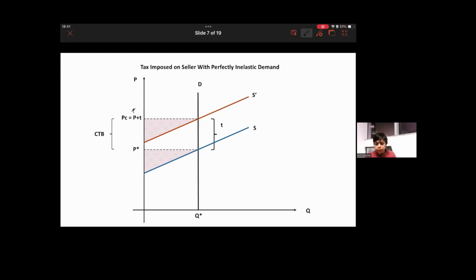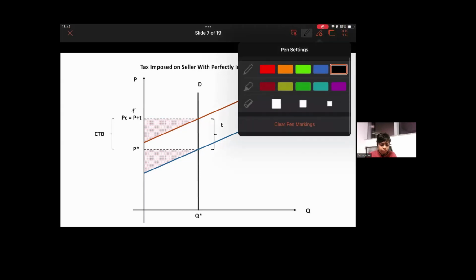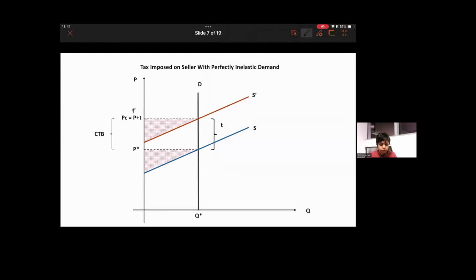I made this in a hurry. Just ignore this part. This is not the consumer, oh sorry, tax burden. Forget about the tax burden for now. Let's talk about the surplus. What is the consumer surplus in this case? Originally, what was the consumer surplus?